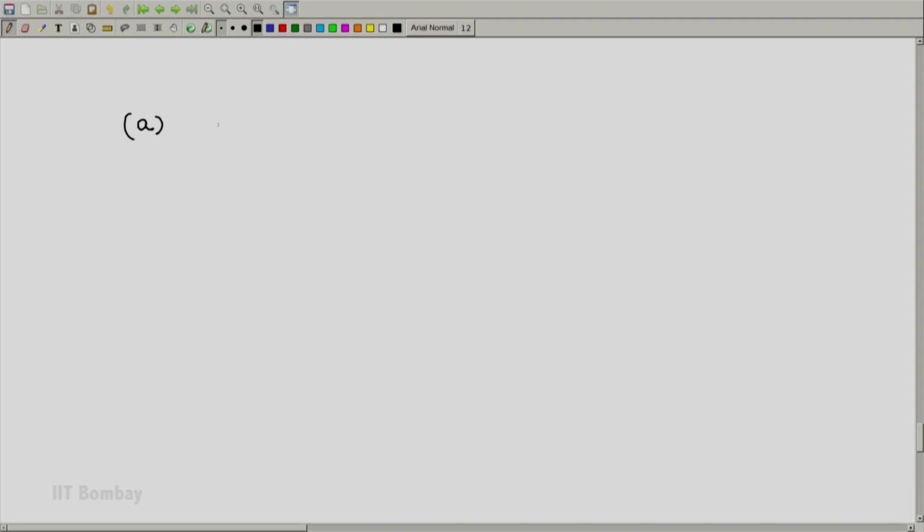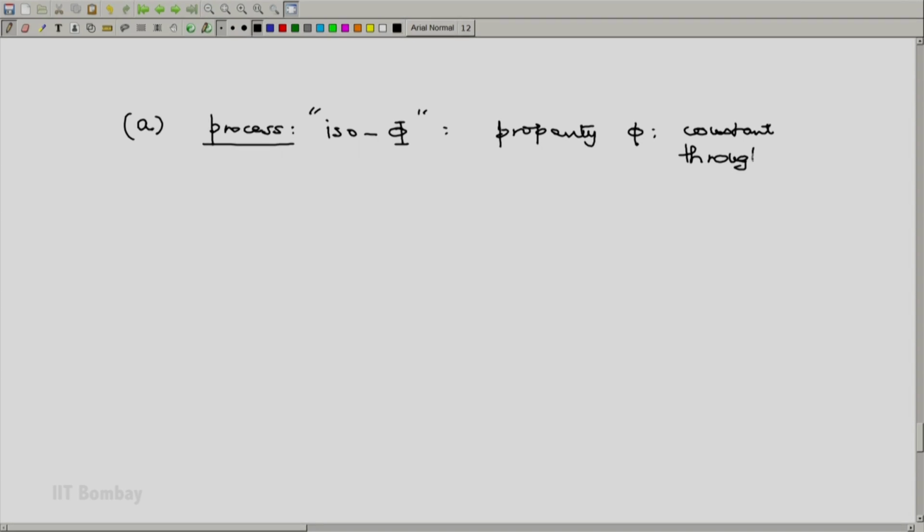In general, the word iso can be used for a process in which some property is maintained constant. For example, we can have an iso-phi process where the property phi is constant throughout the process, and hence d phi, the differential of phi, is 0 throughout the process.